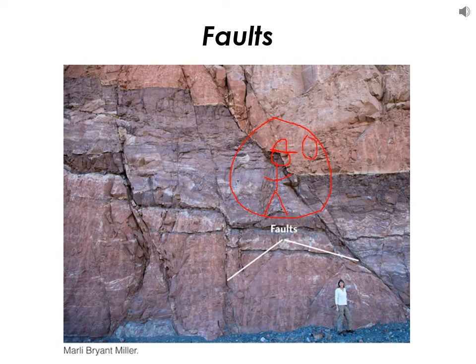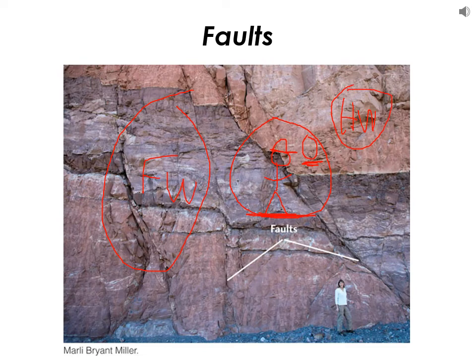Okay, so the block that he's standing on, right down here, over on this side of the fault, that is called the foot wall. So this whole block over here on this side of the fault is called the foot wall, and the block that he hangs his lantern on, up here, that's called the hanging wall. So on this side of the fault, that is called the hanging wall.